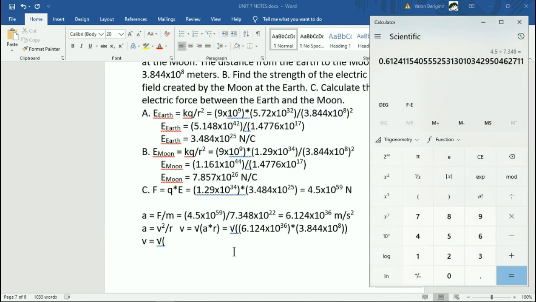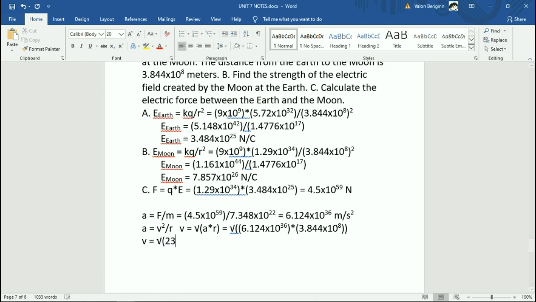I just want to show you because it gets to a point. Okay, so we have 6.124 times 3.844. That gives us 23.54 times 10 to the 36 plus 8, which is 44. I would normally make this correct scientific notation, but we can actually take advantage of this because square rooting is, remember, dividing the exponent by half.